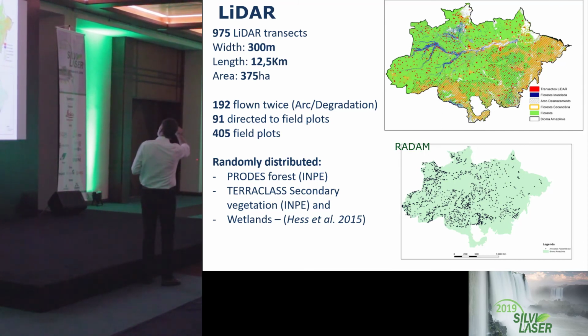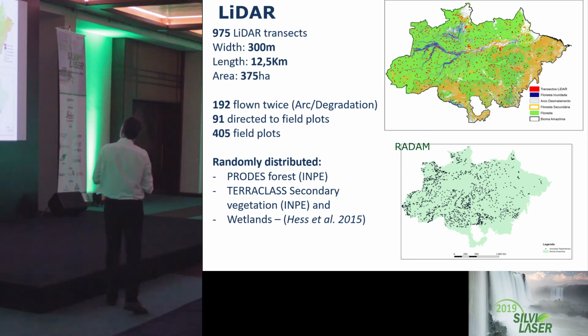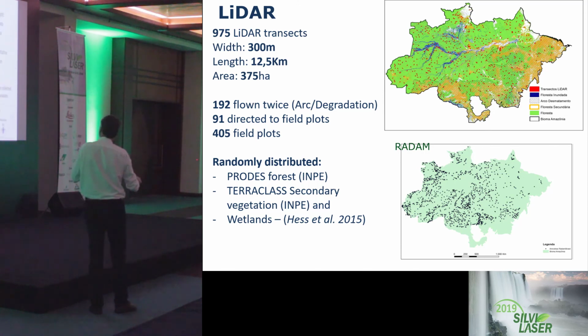Most of this area here is forest, so we have a lower density of flights there and more density of flights where we had pristine forest. And just to compare, this is the Radam Brazil database, which we did a small comparison with that I'm going to show you.